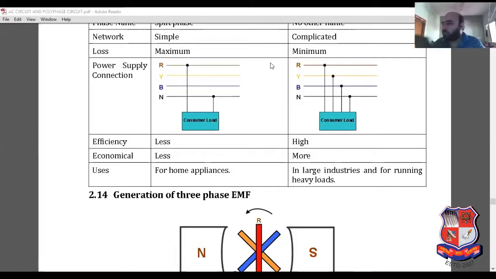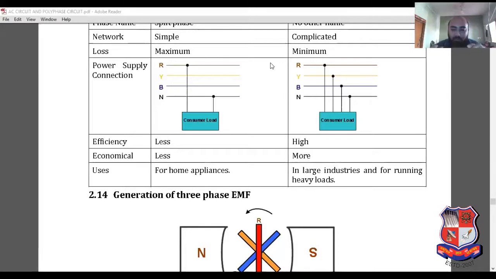So the best example for three phase connection is nothing but the industrial load and machine loads. Whereas the example of single phase is nothing but our residential load. See, again, I have already told you many types of loads are available.